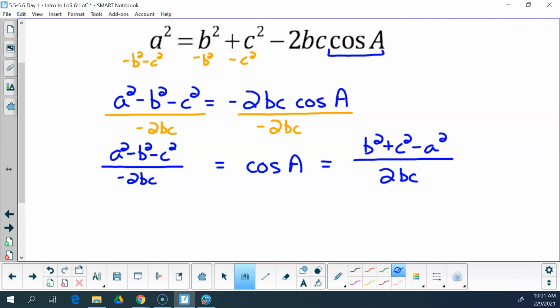If I move the negative sign from the bottom to the top, we get that. So angle A here would be equal to the inverse cosine of that.